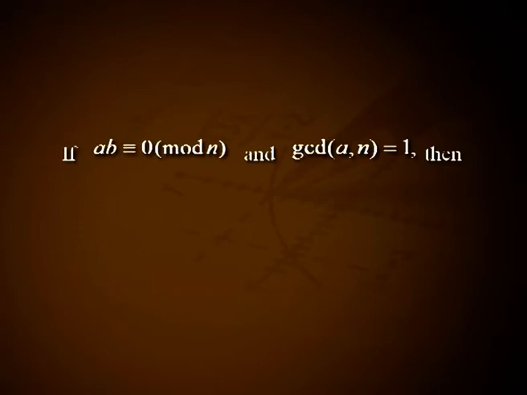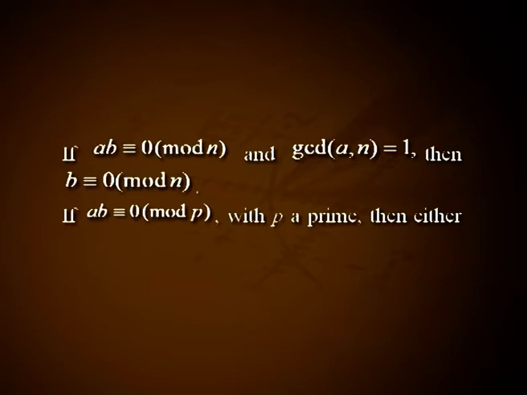The following results follow immediately from Corollary 1. If ab is congruent to 0 mod n and GCD of a and n is equal to 1, then b is congruent to 0 mod n. If ab is congruent to 0 mod p with p a prime, then either a is congruent to 0 mod p or b is congruent to 0 mod p. Corollary 2.